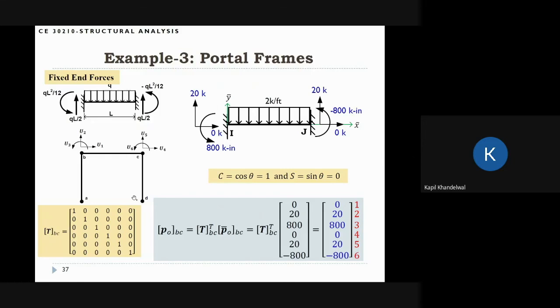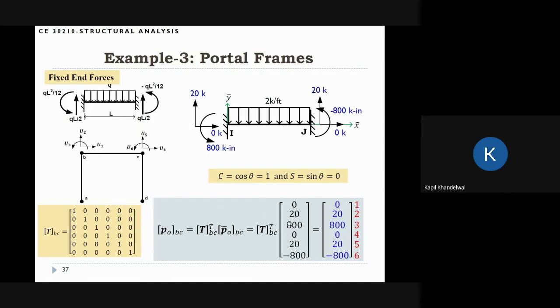For this case, the transformation matrix is 1, so the global and local PO vectors are the same. We don't really have to do this calculation; I'm just showing you that it's there, but it's the identity matrix. PX is 0, PY is 20. So PXI is 0, PYI is 20, and MI is 80.